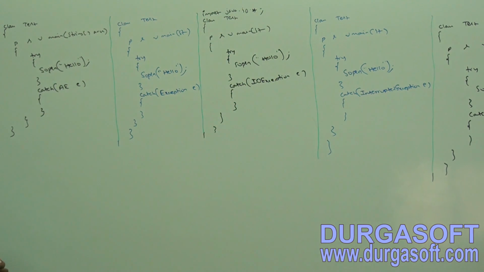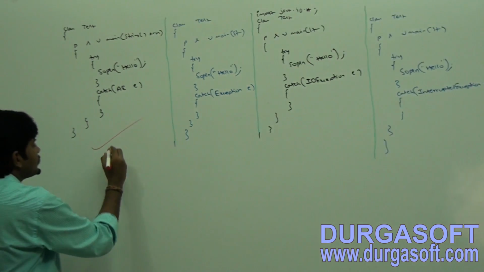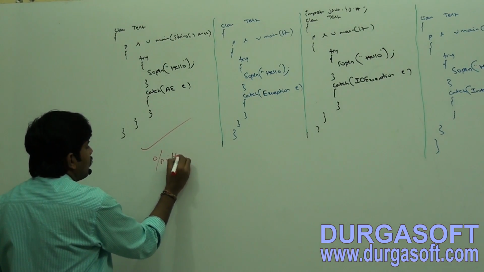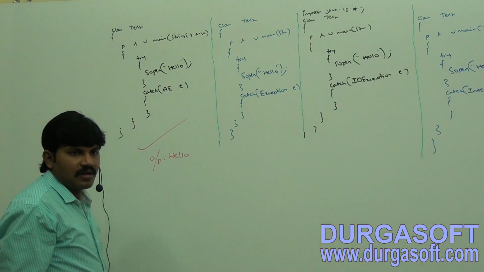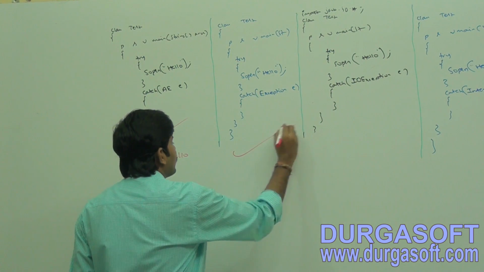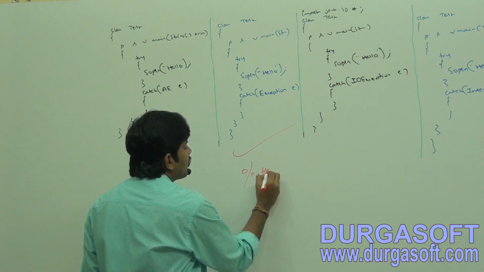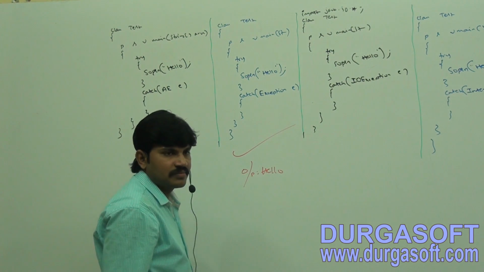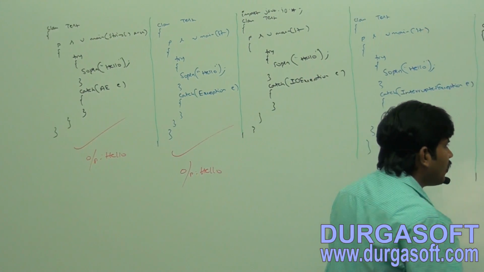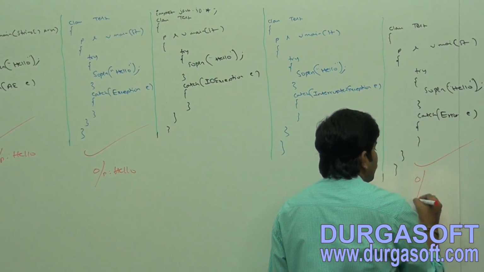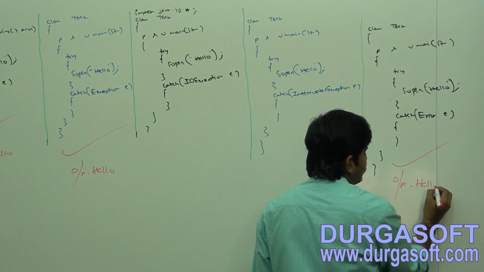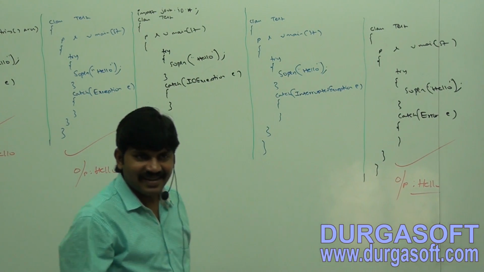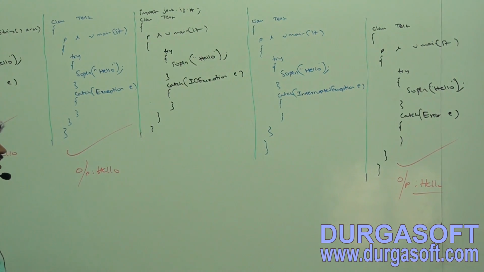Okay, 100% sure, the first one is valid, the output we are going to get is hello. 100% sure, the second one is valid, the output is hello. 100% sure, the last one is valid, the output is hello. Then in which two cases will we get a compile time error? The third and fourth.